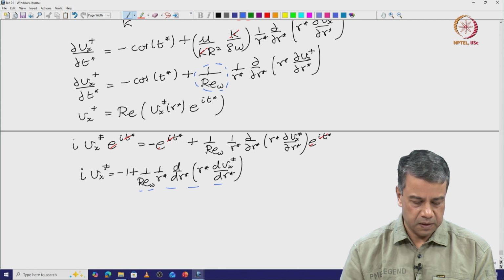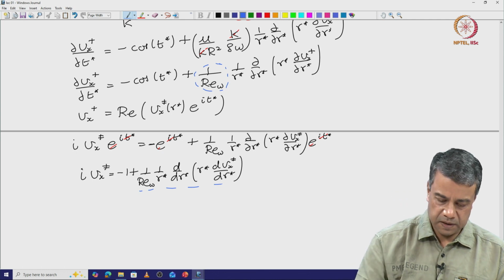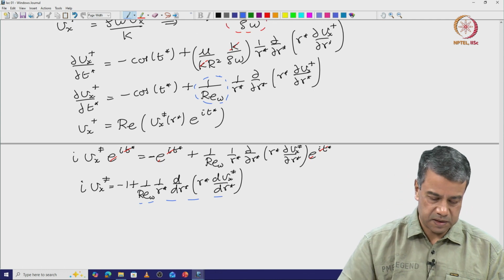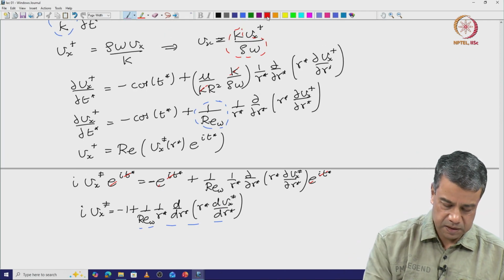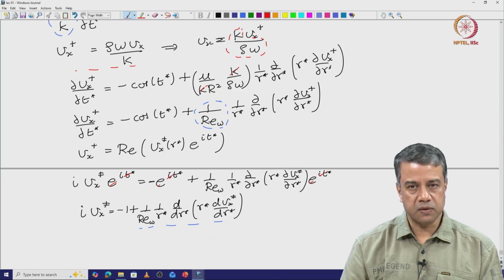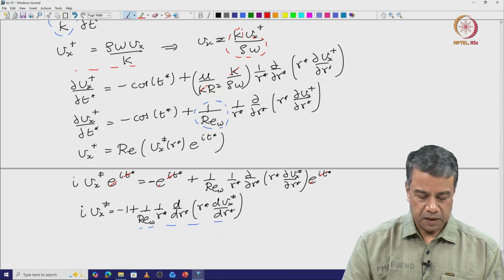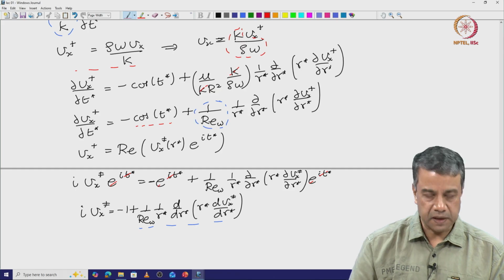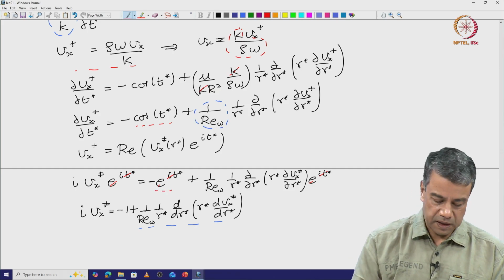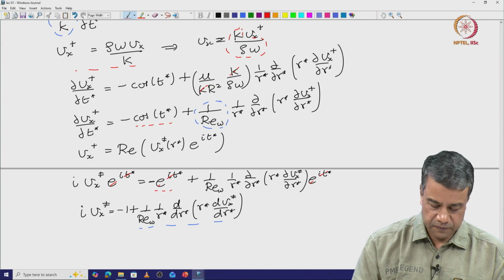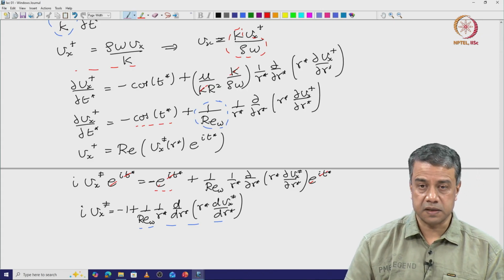Okay. So, to recall, you expressed the velocity Vx, scaled it by inertial scales. So, Vx dagger is the velocity scaled by inertial scales over here. Substituted that into the equation. Written cos of t star as the real part of e power i t star, and expressed Vx dagger as the real part of Vx double dagger times e power i t star.